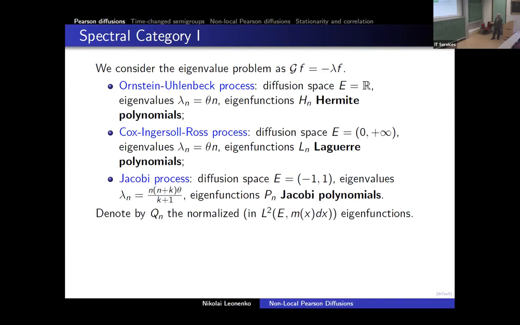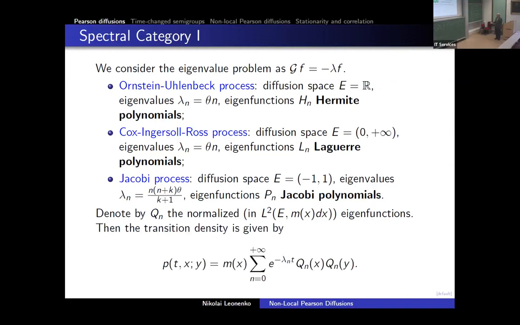So we consider the L2 space, with weights which come from the stationary distribution, like Gaussian or gamma, whatever. And eigenfunctions, of course, form a basis of this L2 space, and the transition density can be written in this form.